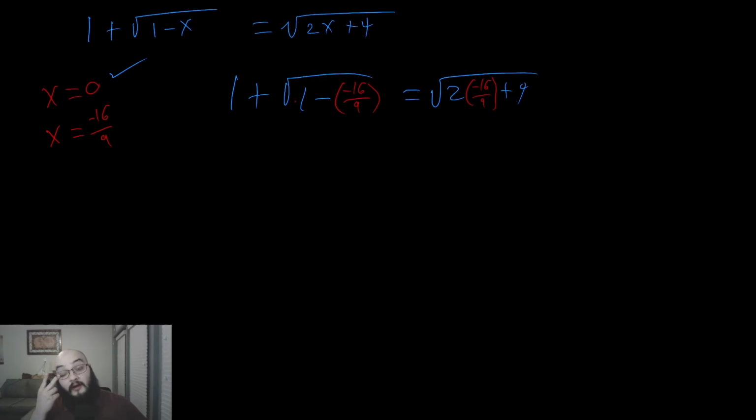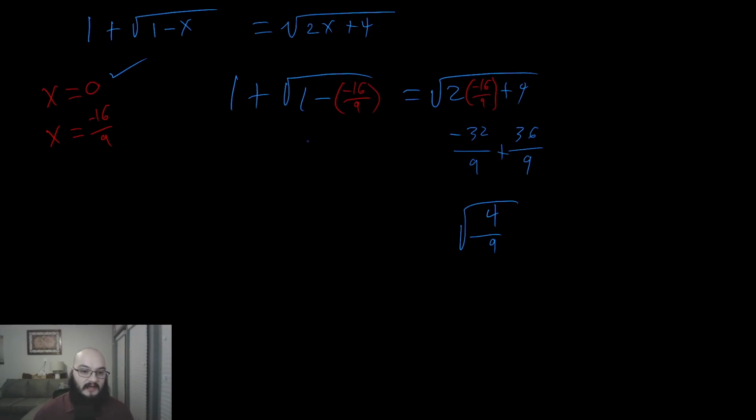All right, from here, let's work on this side first. 2 times negative 16 over 9 is not negative 18. What am I doing? It's going to be negative 32 over 9. And then turning that into something over 9, this will be 36 over 9. Adding those together, we will wind up with a wonderful 4 over 9 is what's left inside this radical.